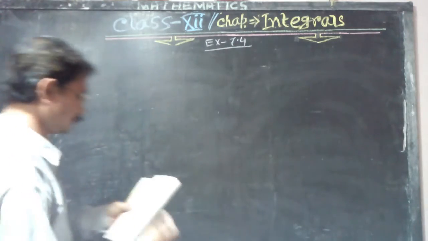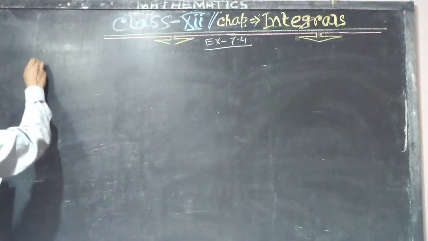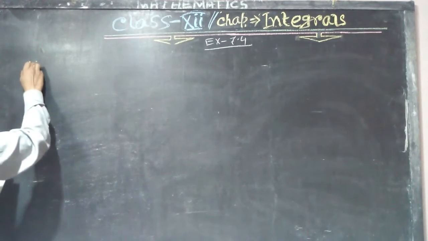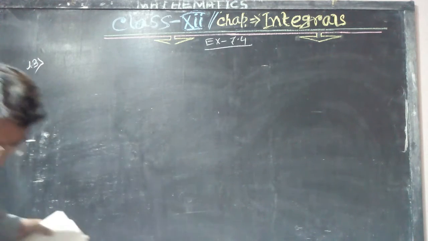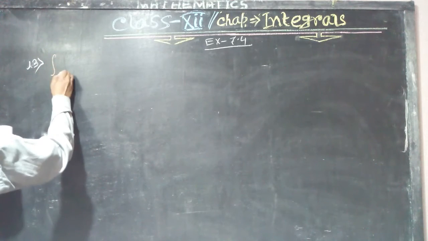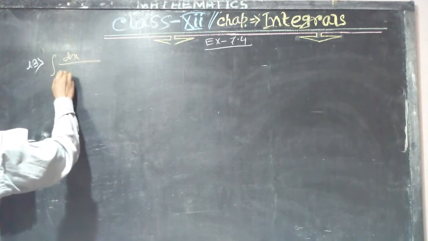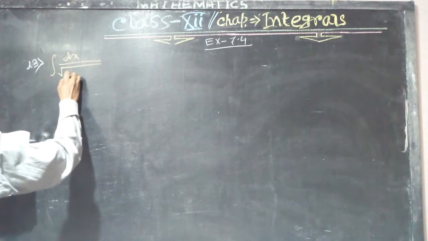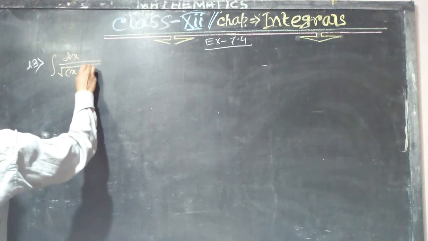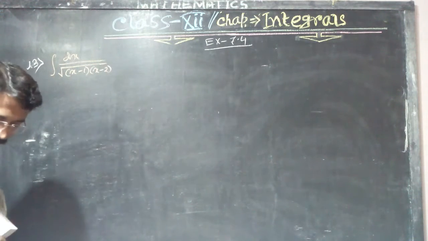Now, another math, number 13. I start here. Integration dx by root over x minus 1 into x minus 2.